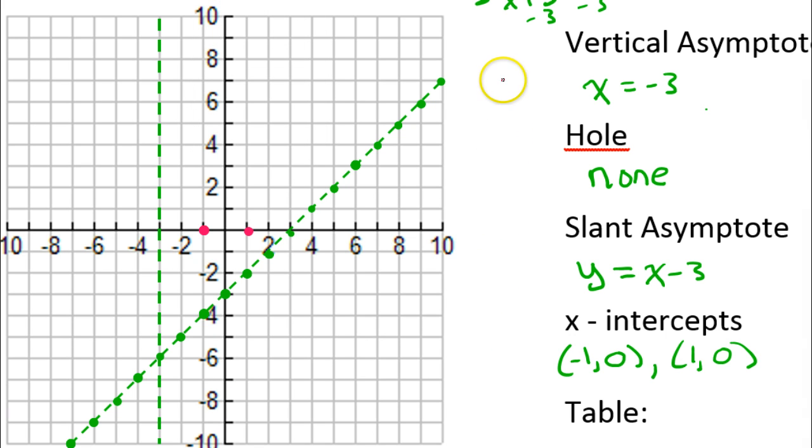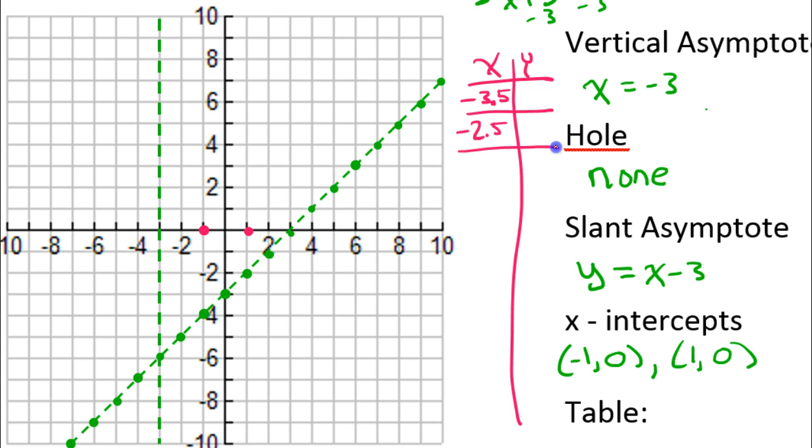So I'm going to put my table here. Here are the values I'm going to do. Like I said, I'm definitely going to do -3.5, a little bit to the left, and -2.5, a little bit to the right, and see what that is.